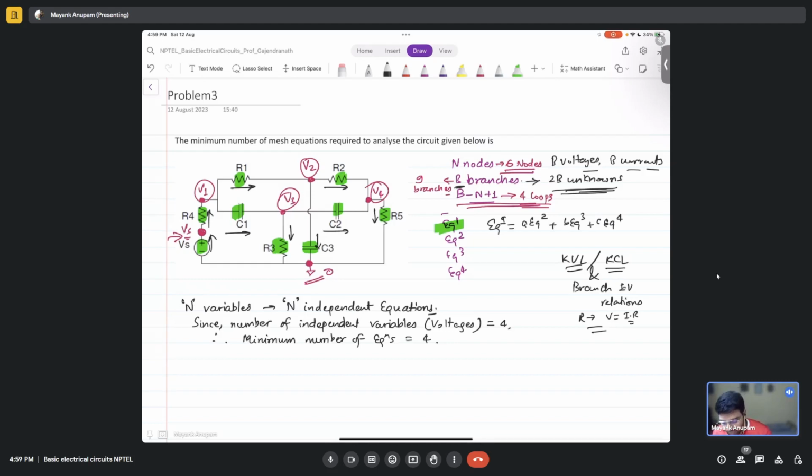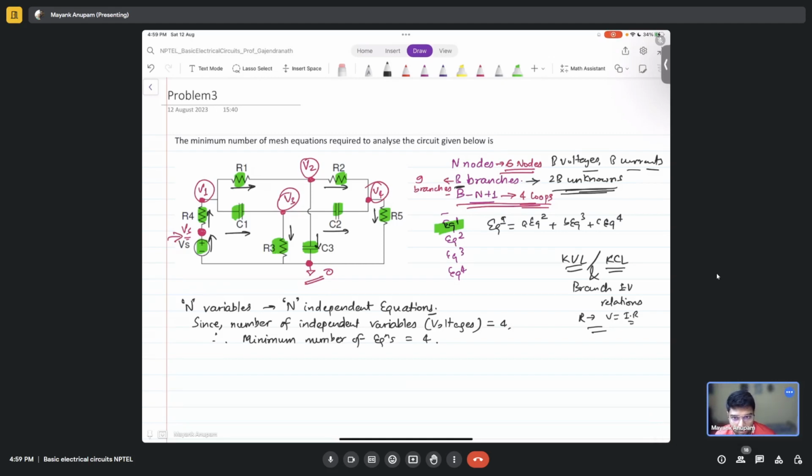Because the ultimate aim of writing any equations here is to simply find the variables, voltages and currents. If you know the voltages at all the nodes in the circuit, you can definitely find the currents by simply using the IV relationship for the branches.